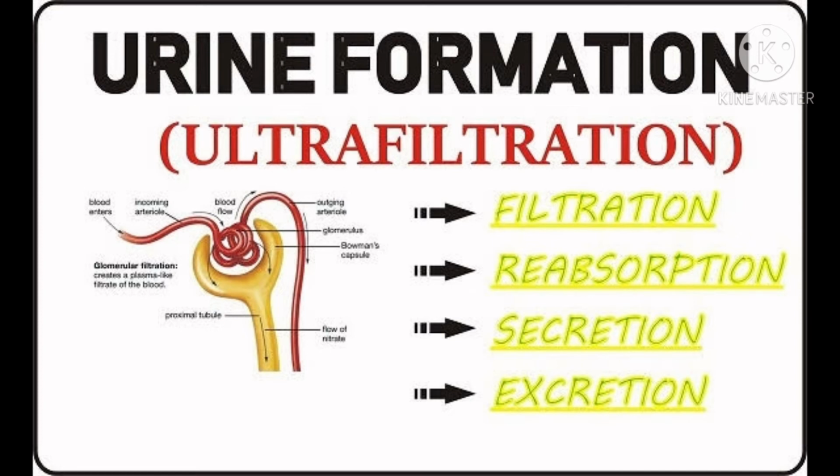This gas cannot be removed directly from the body, so it reaches the liver along with the blood, where it forms urea after combining with carbon dioxide. Urea is less harmful than ammonia. Urea reaches the kidney along with the blood, where it is filtered and removed from the body as urine. So urine mainly consists of urea and water.